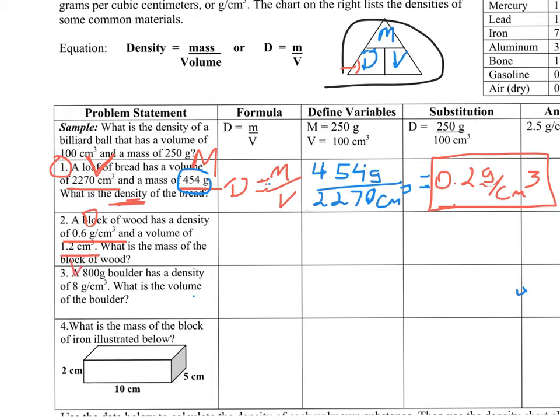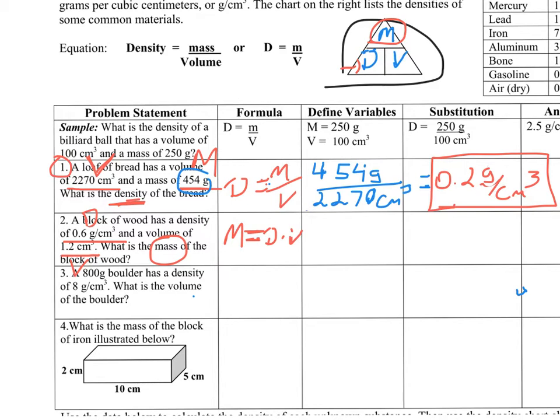That's my volume. Okay, and it's asking for mass. So I'm looking for the mass. So remember, you're going to cover the M on your shortcut. So that means what's left over is density times volume. Okay, and that's how you're going to find your answer.